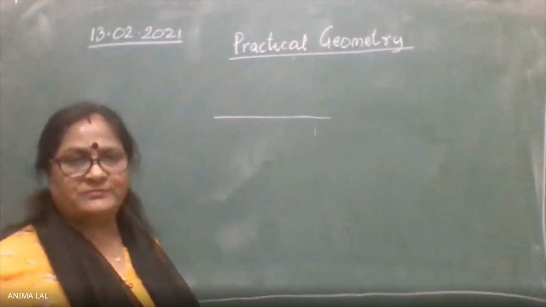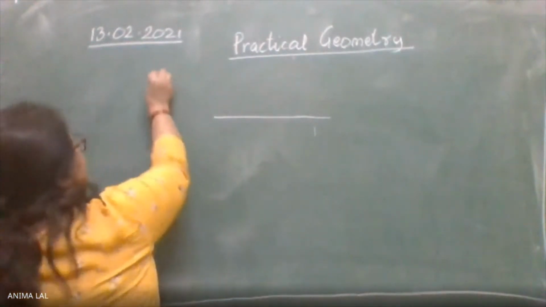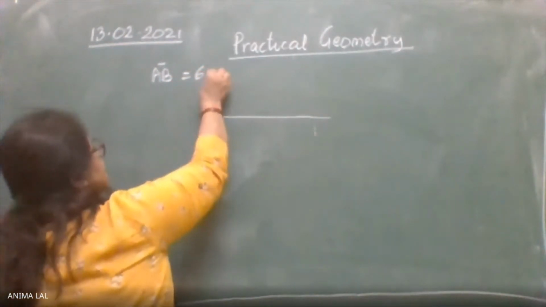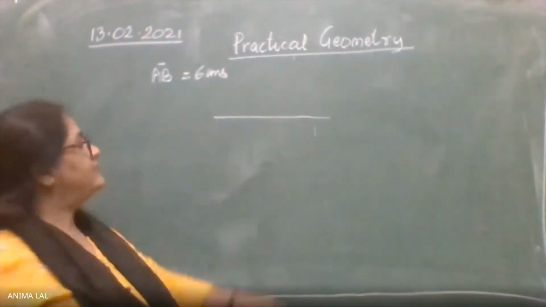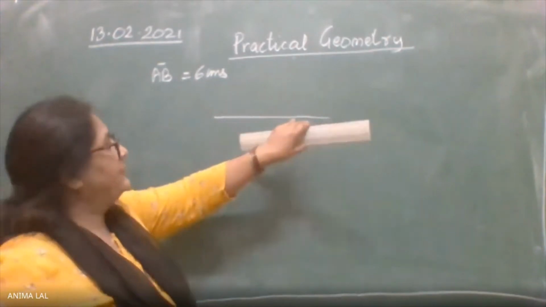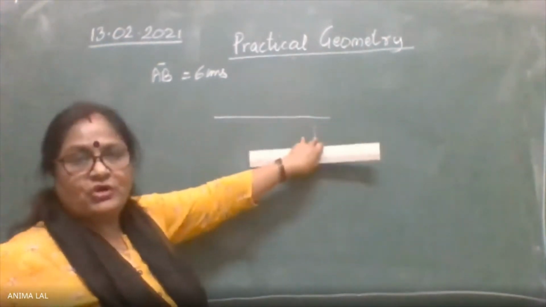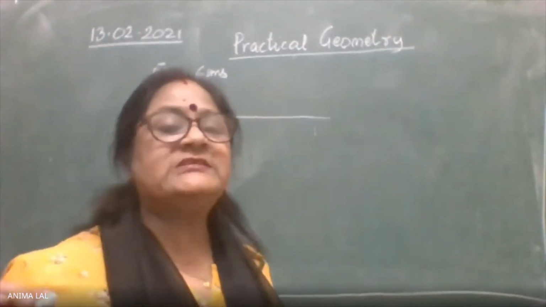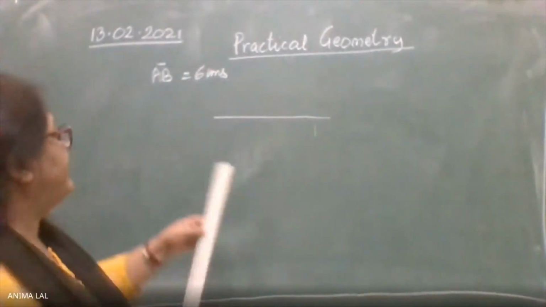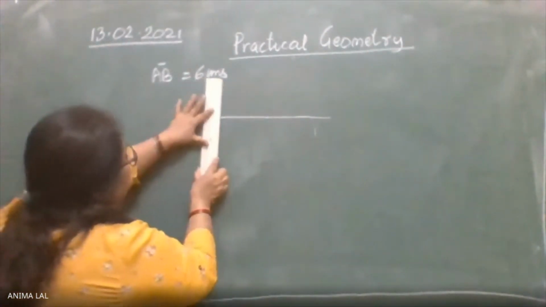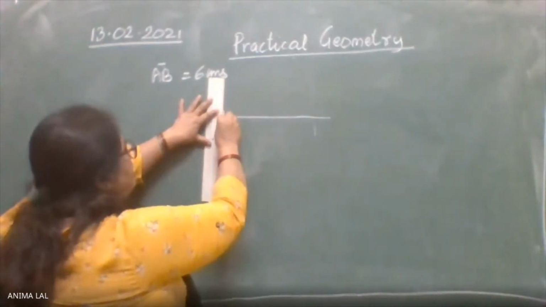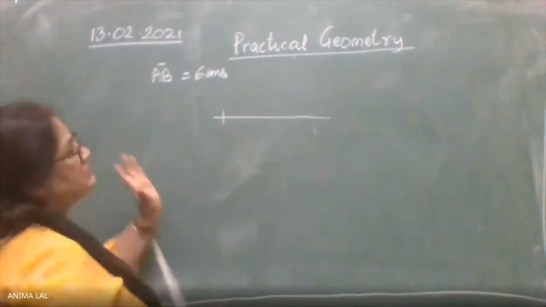Now if I ask you to make a line AB of 6 centimeters, we will first draw the line. The line is drawn without taking any measurement. This is for accuracy. Then on the line, somewhere inside here, we mark a small perpendicular line crossing the line.